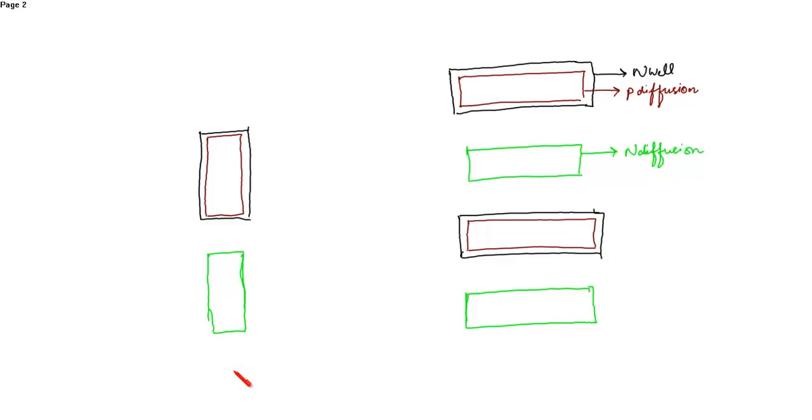So now we have to draw the source and drain. This is the source, drain, drain and source. This is the gate. So the gates of the PMOS and NMOS are connected.